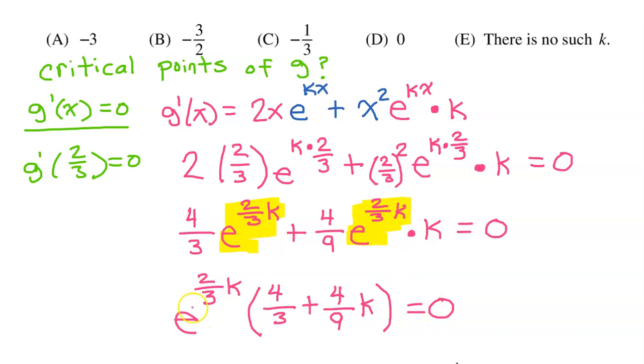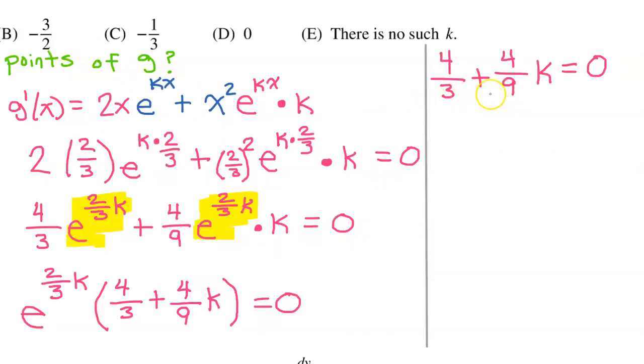However, at a glance, we know that there is no value of k that will cause the first expression to equal 0. There is no exponent that will turn e into 0. That means all we have is the second factor, which could equal 0. So 4/3 plus 4/9 k is equal to 0.